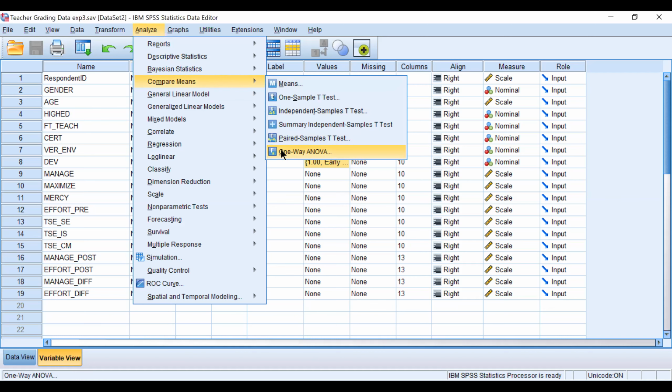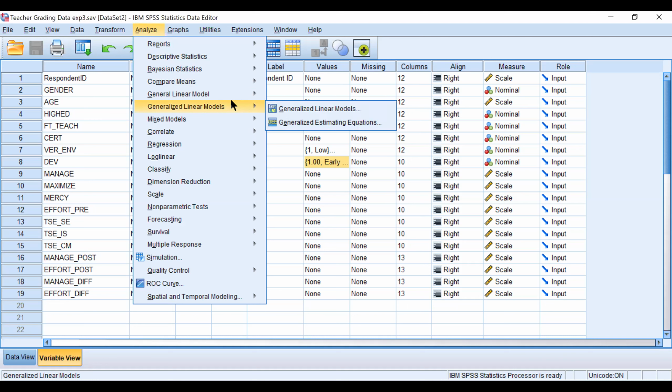If you have already watched or in class paid attention to my little summary of the general linear model, you'll notice that a one-way ANOVA can also be performed, and we will perform it in a few minutes, under the general linear model, what's called univariate, which means you have one dependent variable.